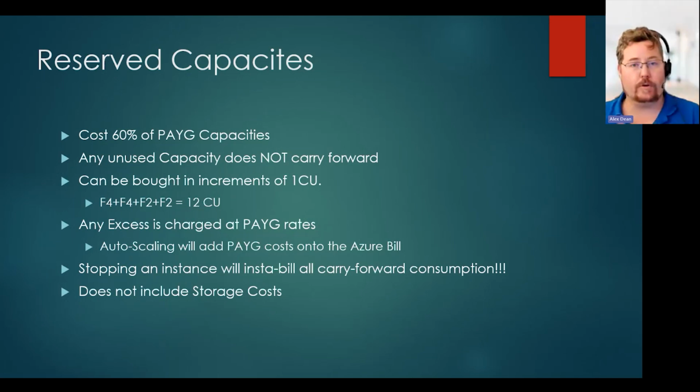So if you've reserved, let's say 10 capacity units or 12, don't expect to see $1,000 at the end of the month, roughly, let's say $100 per capacity unit in reserved. If you're auto-scaling, then you'll have 1,050 or 1,100, depending how much auto-scaling you're doing, to cover that extra peak that you've gone over the reservations.